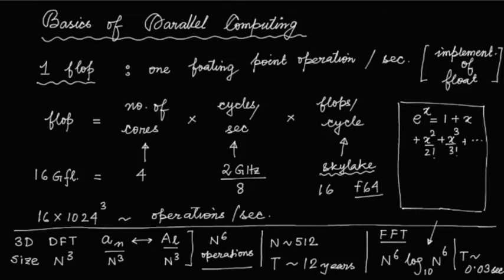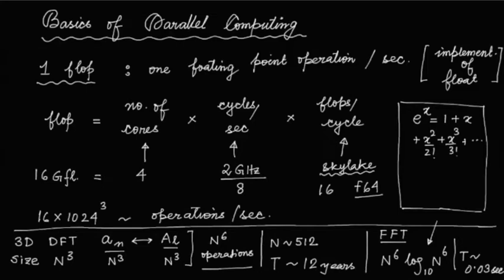Then when you calculate the third one, you multiply x 2 times and then multiply 1 into 2 and then divide. When you calculate the fourth term, you multiply x 3 times and then multiply 1 into 2 into 3 and then divide. So that's one way of doing it.